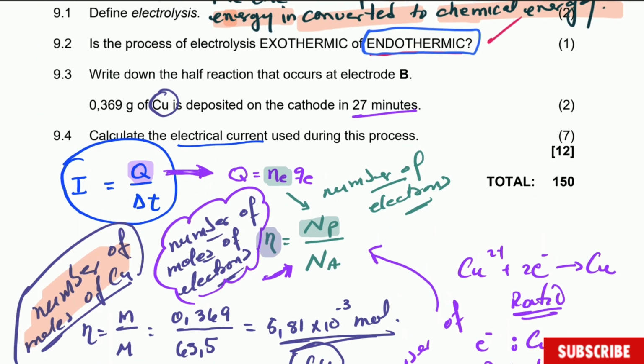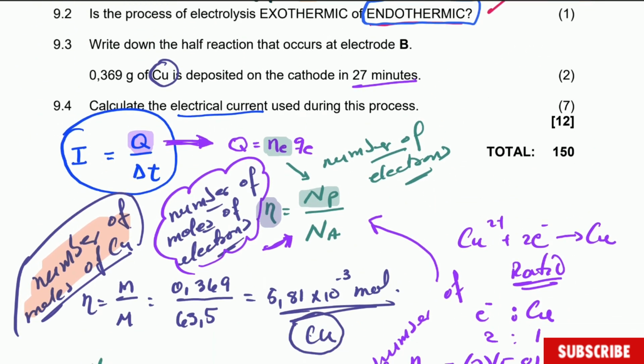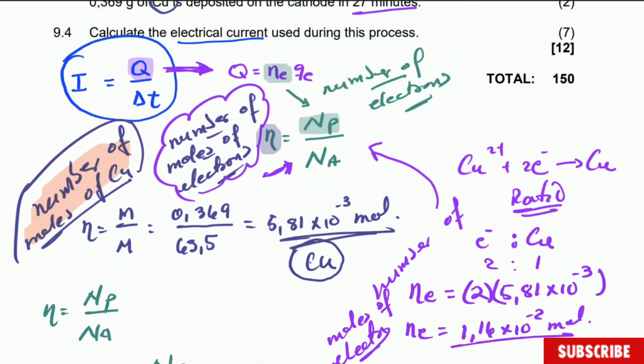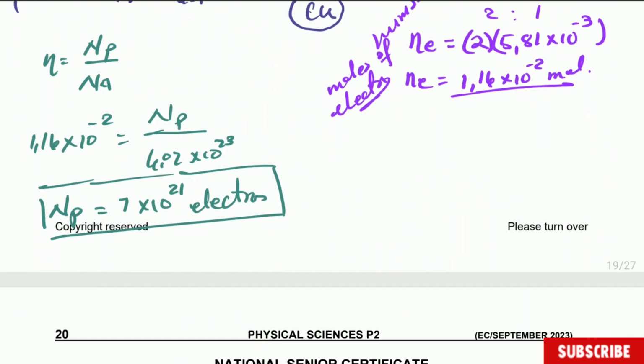With this number of electrons, now we are going to calculate the charge. So let's go to charge. Charge is equal to the number of electrons multiplied by charge of 1 electron.